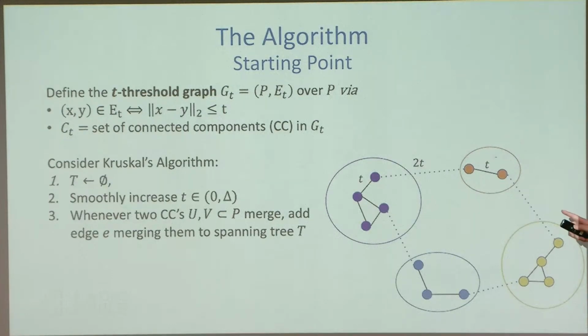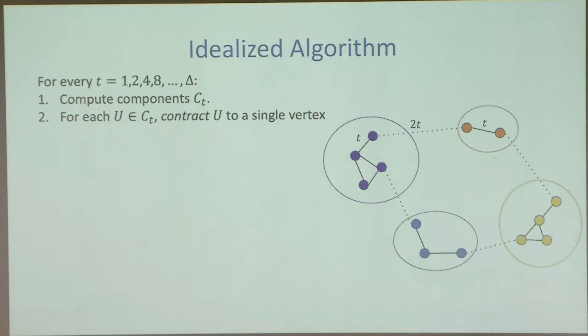Then the Kruskal algorithm can be described as follows. At the beginning, your spanning tree edge set is the empty set. Then you smoothly increase your threshold, and when two connected components get connected, you put this edge into your tree edge set. And then finally, you get your MST.